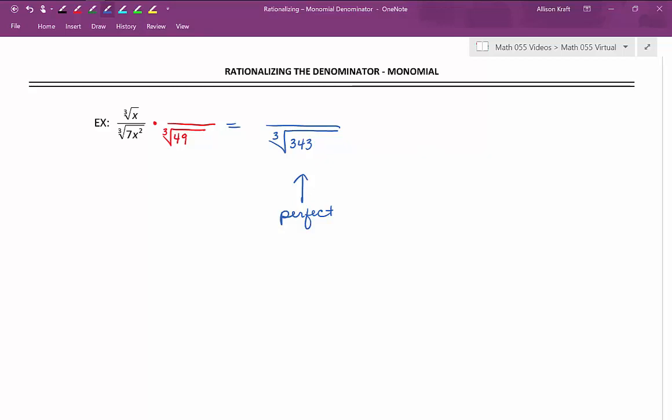So we need to ask ourselves, what are we going to multiply x squared by to get x to the third? We multiply it by x, and now we have a perfect cube, 343 x to the third under our cube root. The numerator is just going to go along for the ride.